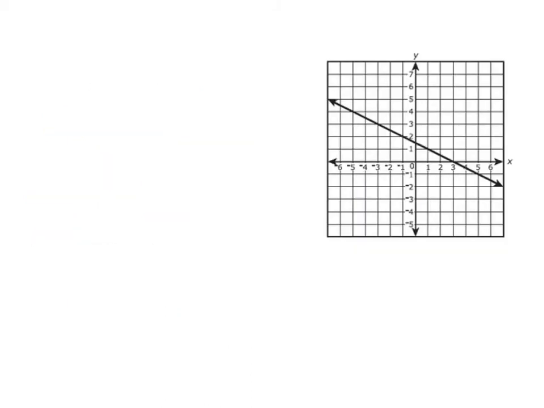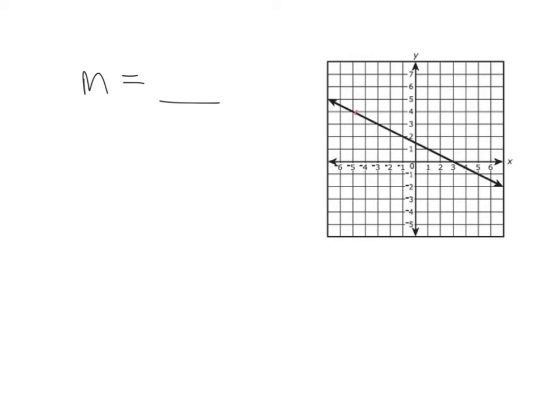Okay, so go ahead and try this one on your own. Find the slope of the line. All right, so any 2 points on this line will help you find the slope, and you might have chosen different points than I did.